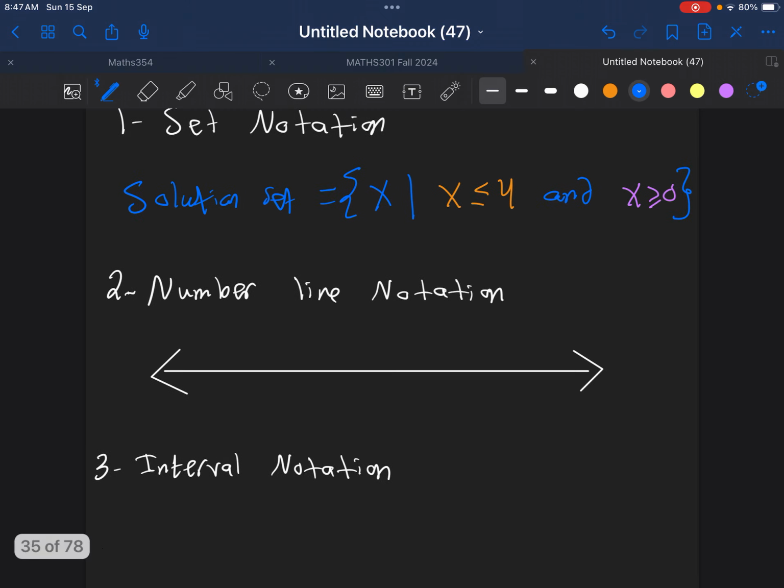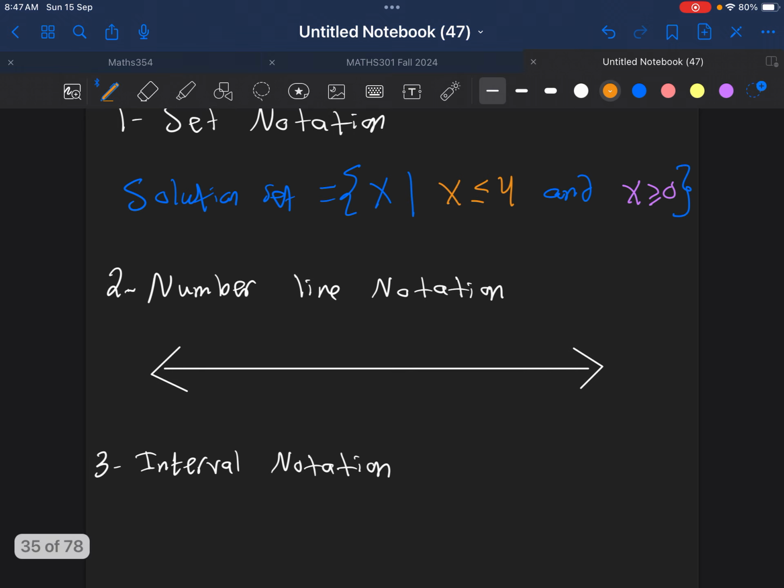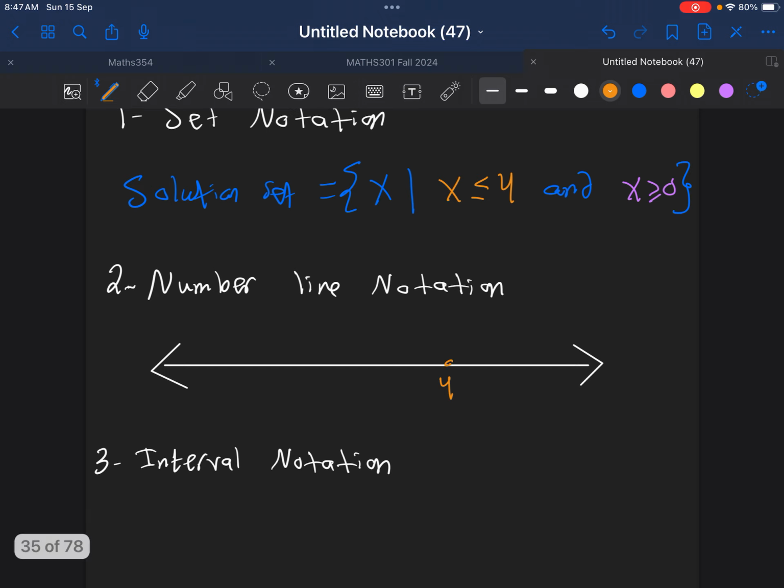Now, on the number line, first I will do the orange one. This is 4. Where should I shade for the orange one? x is less than or equal to 4. So just like this, and then I should shade this side. That's for the orange one. Remember, for the purple one, you start from the 0. Of course, the 0 should be somewhere here, and again like this, and then you have to shade to the right.